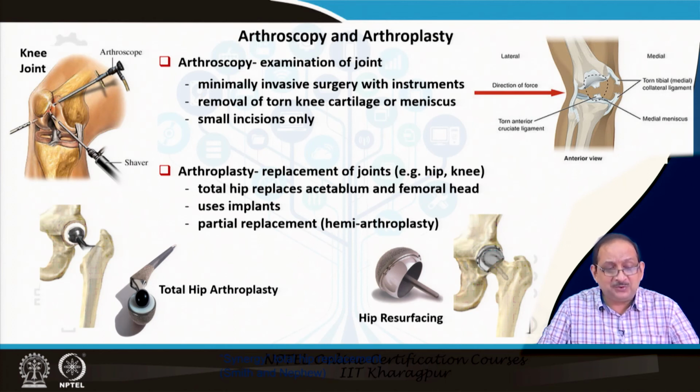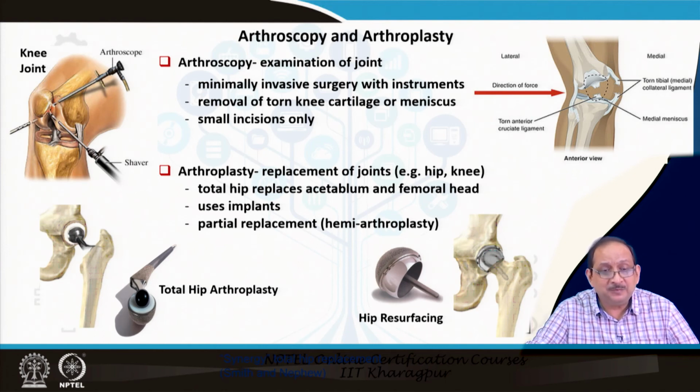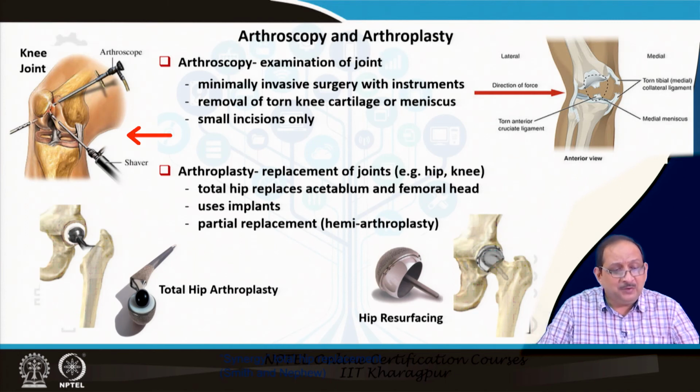For a knee arthroscopy, only two small incisions are made, one for the arthroscope as can be seen here in the figure, and one for the surgical instruments to be used in the knee cavity. This reduces the recovery time and may increase the rate of success due to less trauma to the connective tissue.